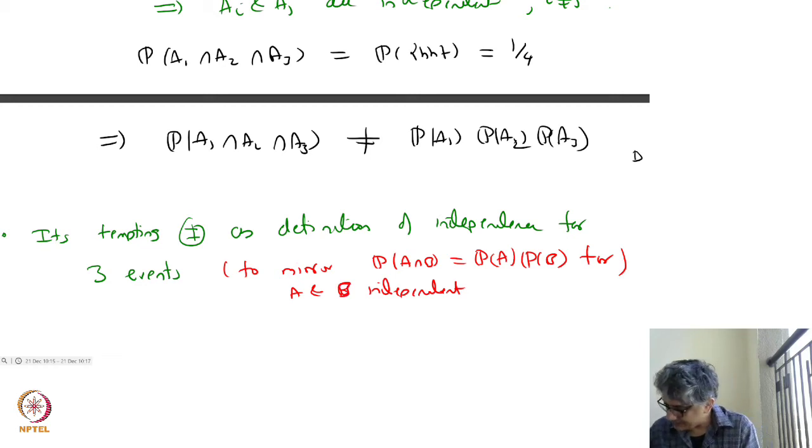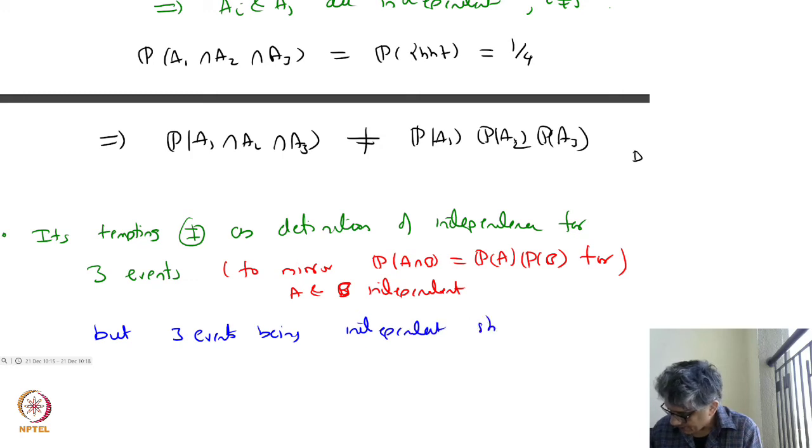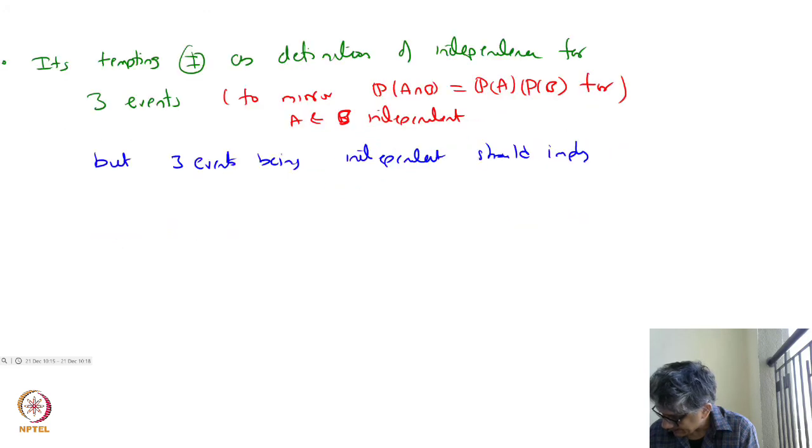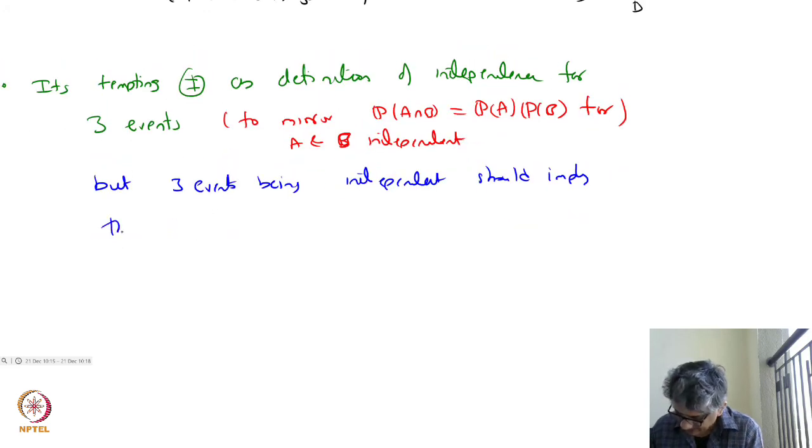But alas, if you have three events being independent, they should imply that they are pairwise independent.